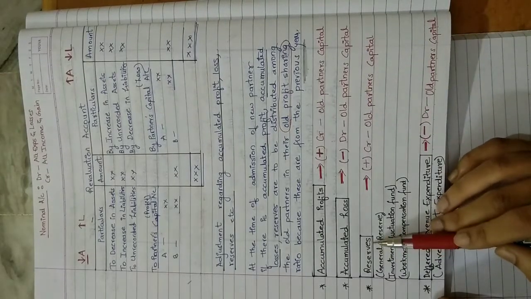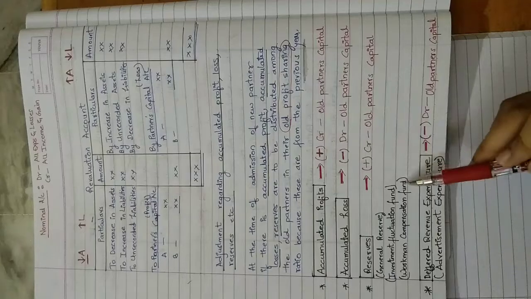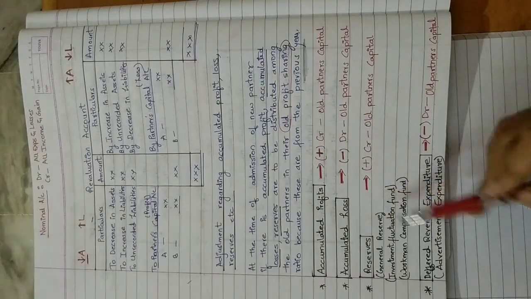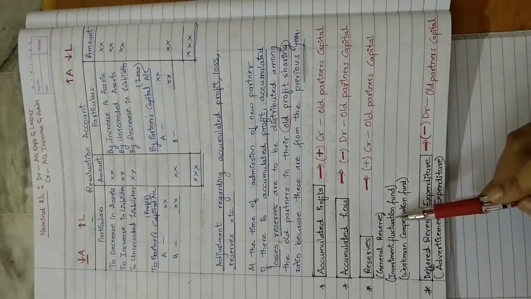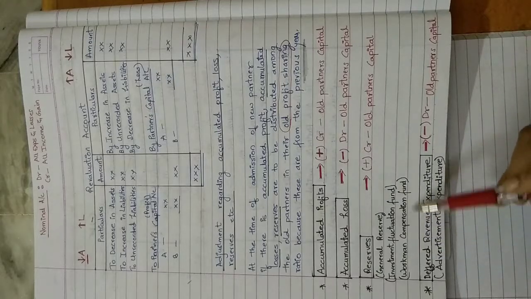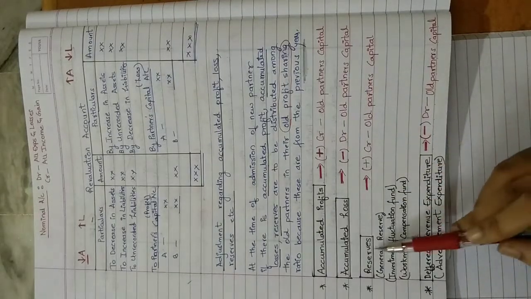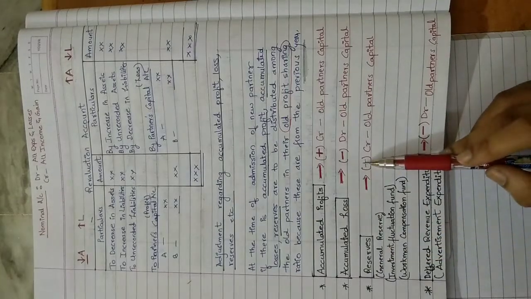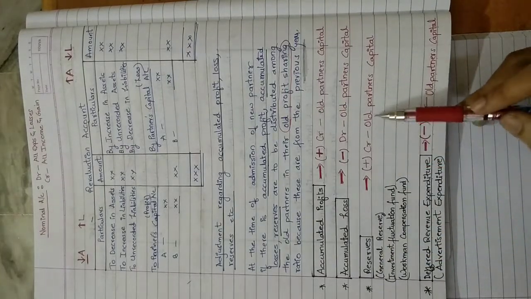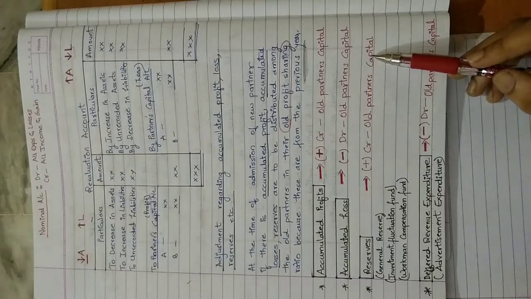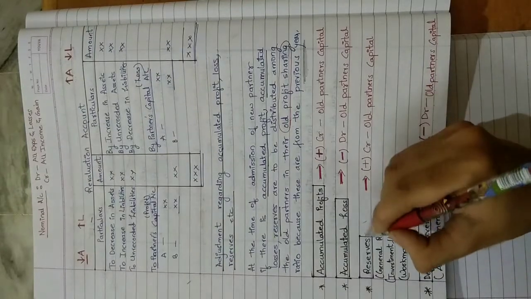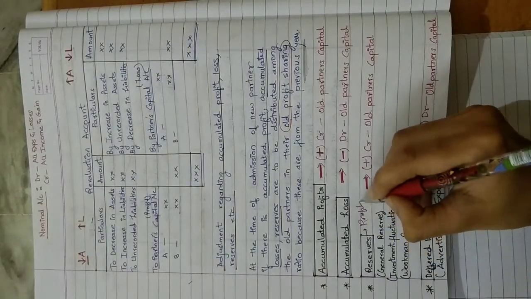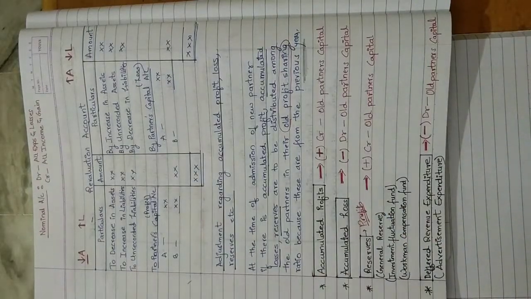If there is any reserve, for the reserve you might get any of these words in the problem. You can get general reserve, investment fluctuation fund or workmen compensation fund. These are all reserves. So if there are any reserves, they have to be credited, which means added to the old partners' capital account, because reserves are created from the profits of the business.